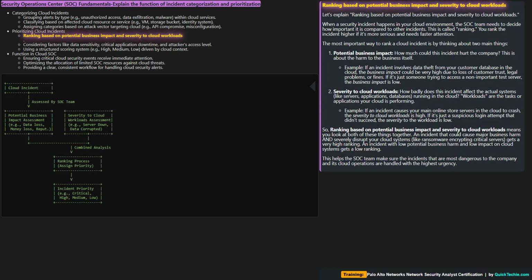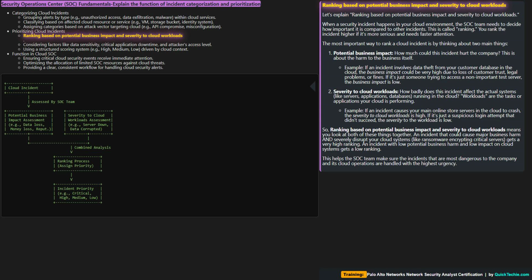Example: if an incident involves data theft from your customer database in the cloud, the business impact could be very high due to loss of customer trust, legal problems, or fines. If it's just someone trying to access an unimportant test server, the business impact is low. 2. Severity to cloud workloads.